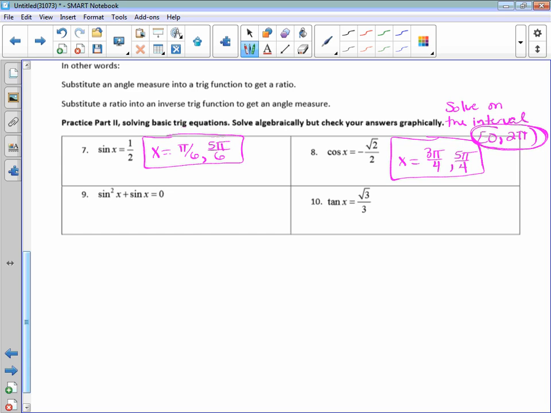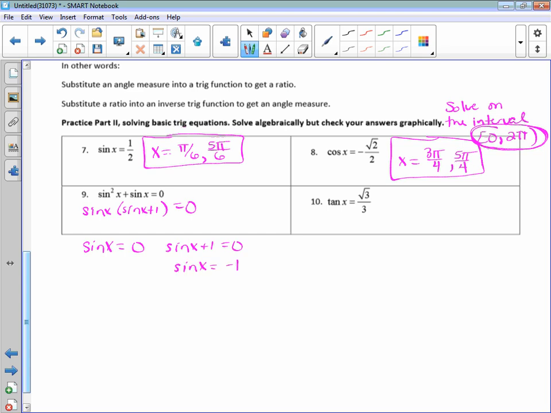All right, guys, so if I factor out a sine, I'll have sine times sine of x plus 1 equals 0. So okay with that. All right, from algebra, we know we can then set our factors equal to 0. Okay, that only works if it's a 0 on the other side. Yes, right? We know that. The 0 product property. Yep. Okay, so sine of x equals 0. Sine of x plus 1 equals 0.